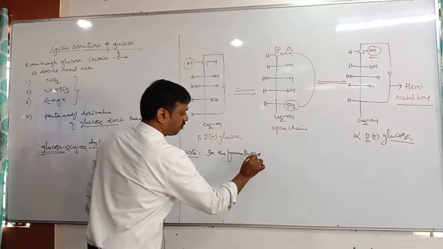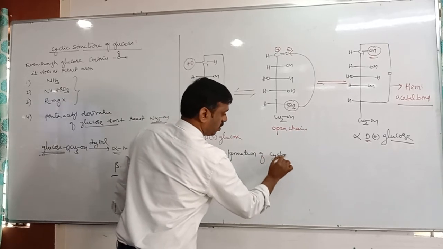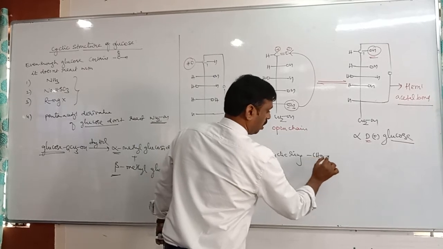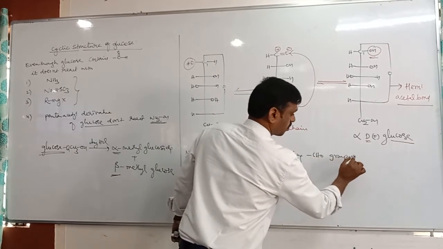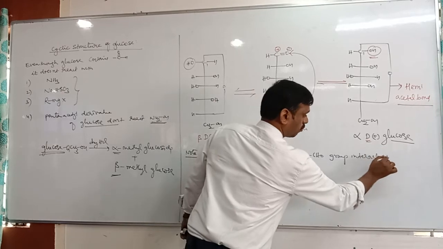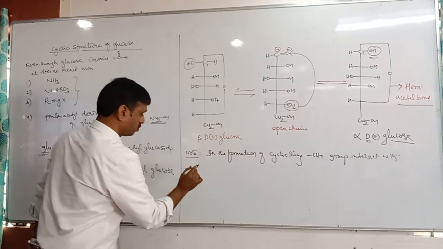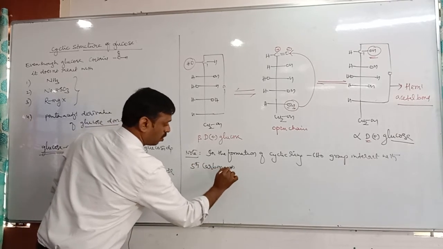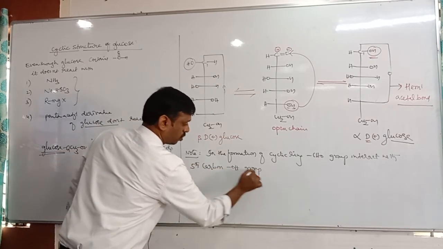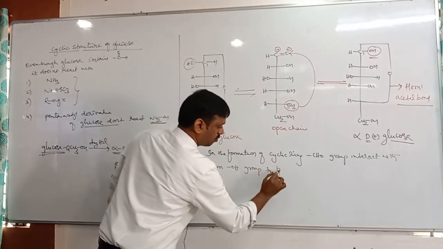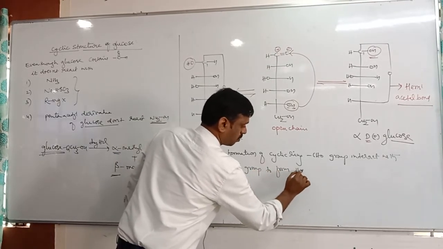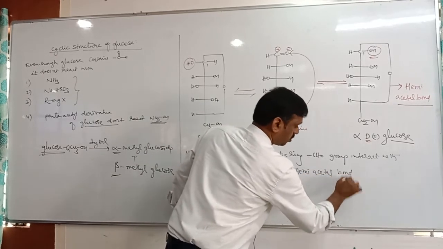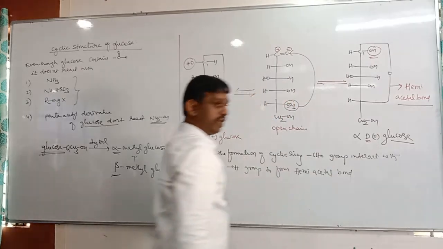In the formation of the cyclic ring, the aldehyde group interacts with the 5th carbon OH group to form a hemiacetal bond. This bond is called the hemiacetal bond.